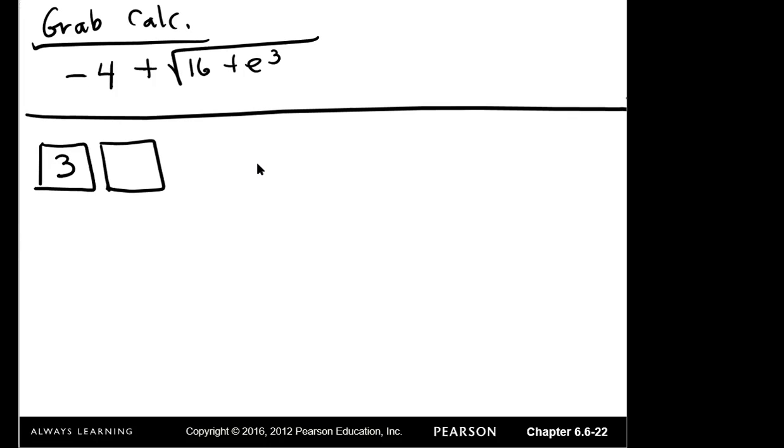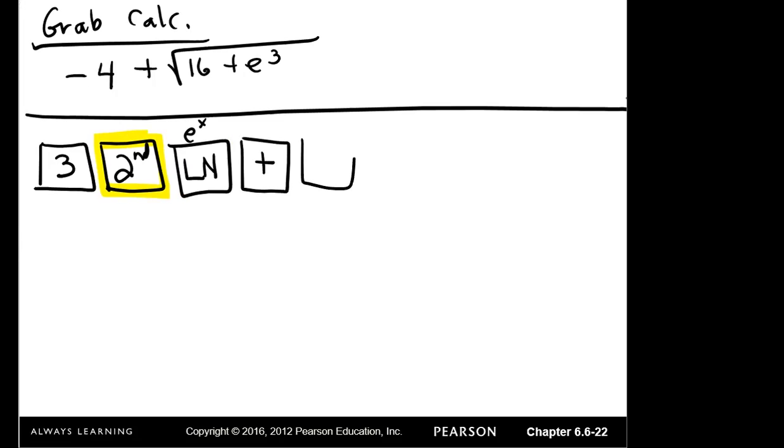Then you hit your second button, which will either be yellow or green depending on your calculator, and then your LN key, because written above it, it says e to the x. Then you hit the addition button, then 16, and then your equal sign.